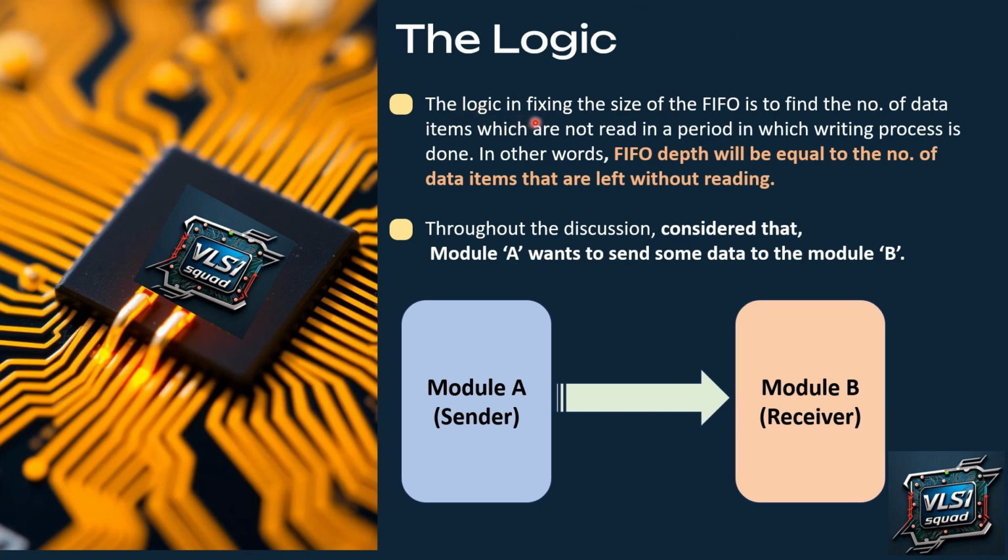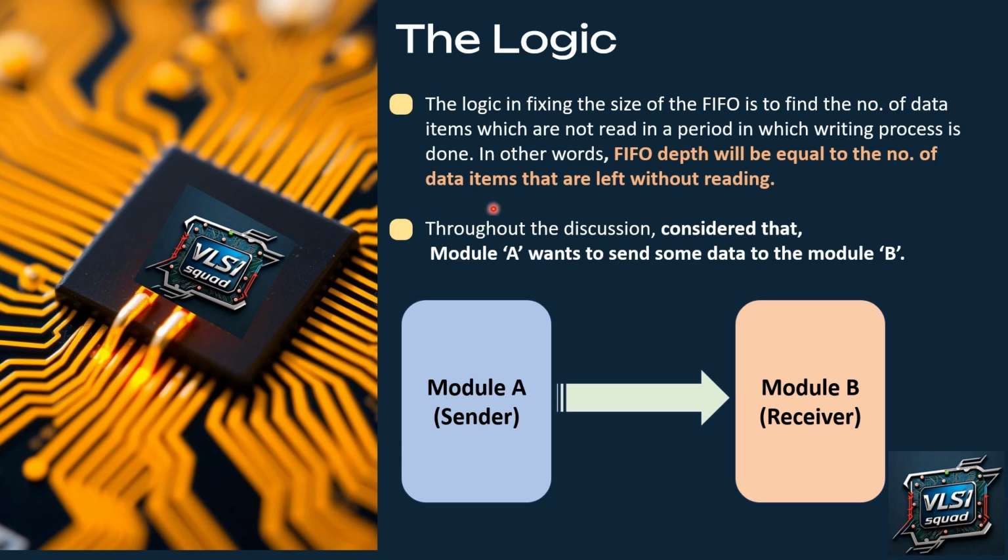The logic in fixing the size of FIFO is to find the number of data items which are not read by the receiver. We can also say that FIFO depth equals the number of data items that are left out without reading, which should be stored inside the FIFO so that the reader can read them at a later stage.